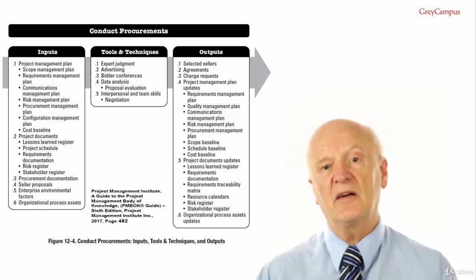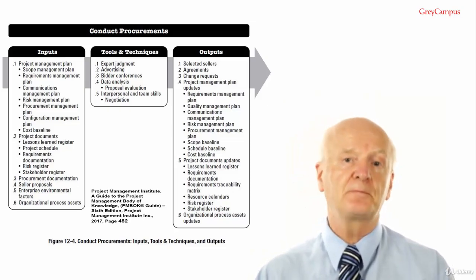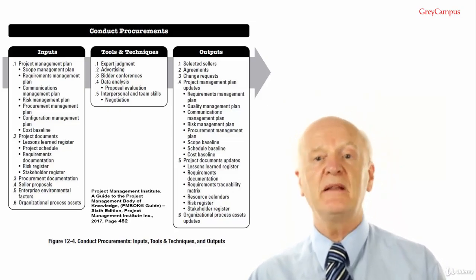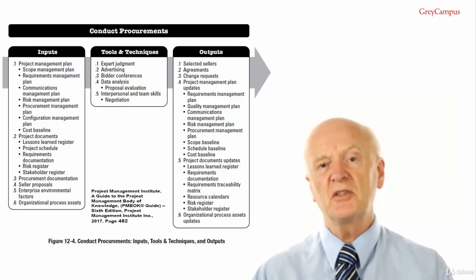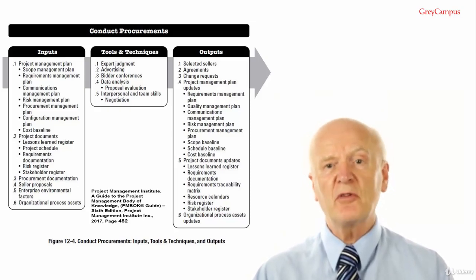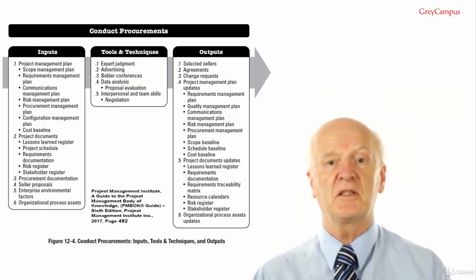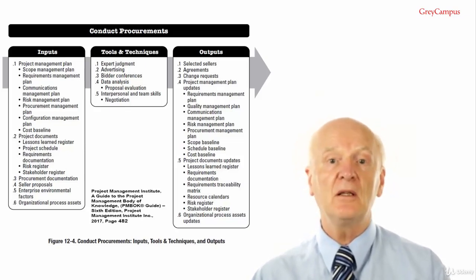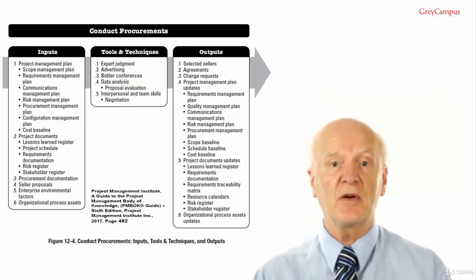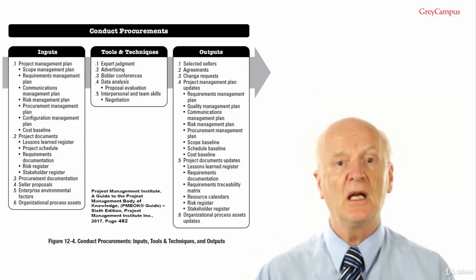These can often be discovered in a bidders conference. Communications management plan to include the new seller. Risk management plan for risks associated with a new seller. Specific risks are incorporated into the risk register. The procurement management plan updates may be required depending on the results of the contracting and negotiating processes.